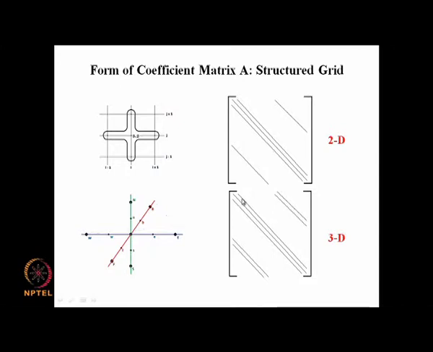So, you have the central one, the 2 immediate ones, and then zeros, diagonal, again zeros, a non-zero diagonal, again zeros like this. So, you will have a 7 diagonal matrix, but you have a diagonal structure to the matrix A. This is what you would have with a structured grid.